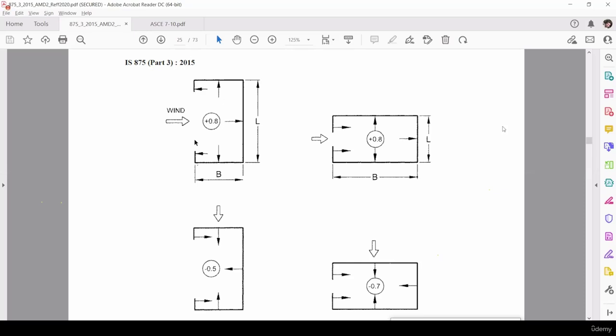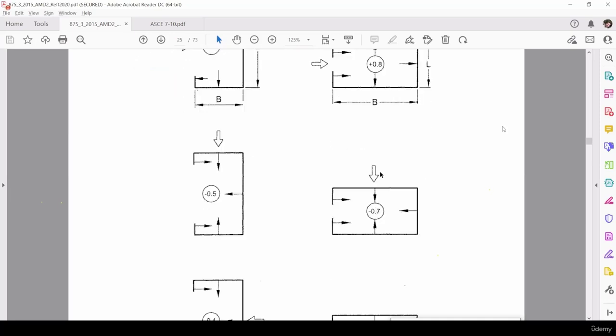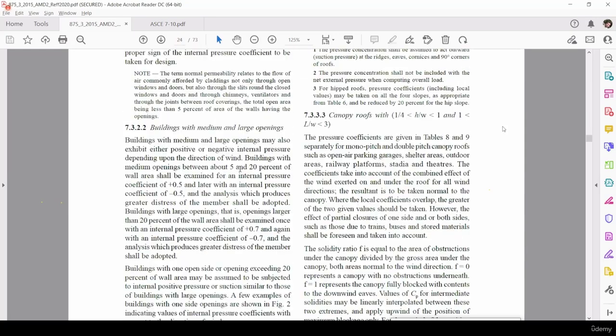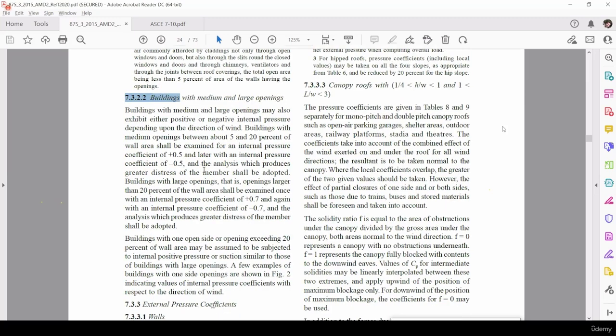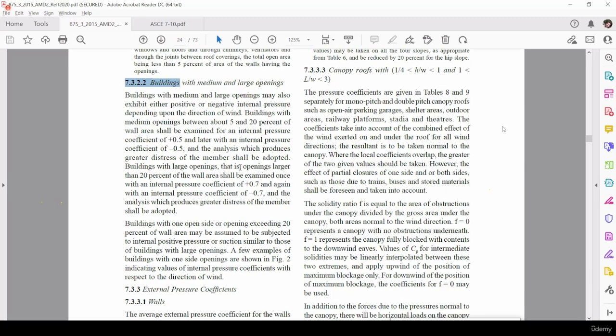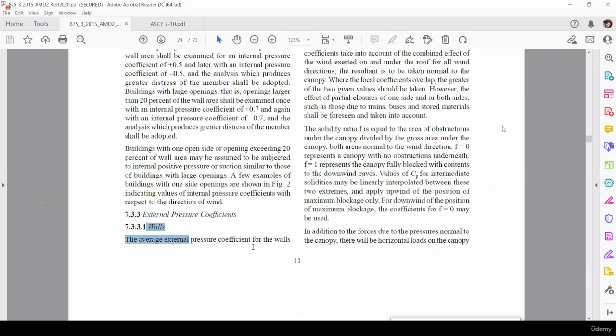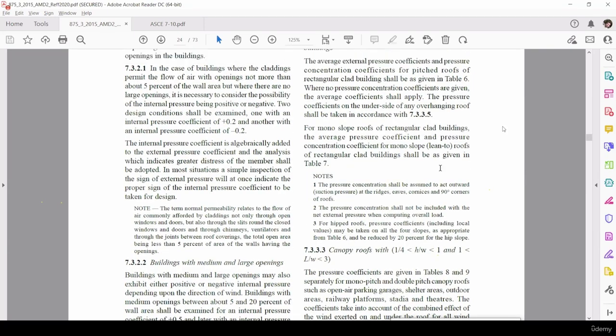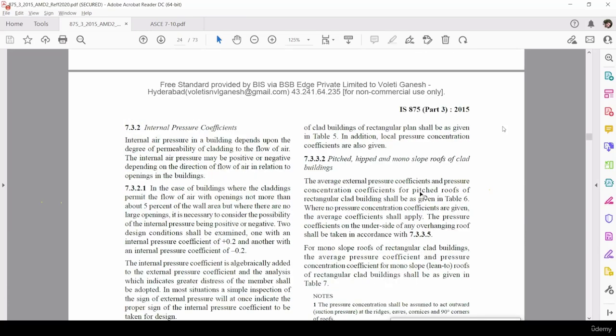He is showing arrows inside the building. Suppose if they were showing from outside the building, they could be called external wind coefficients. But external wind coefficients, if you see here in clause 7.3.2.2, will always be from the table.